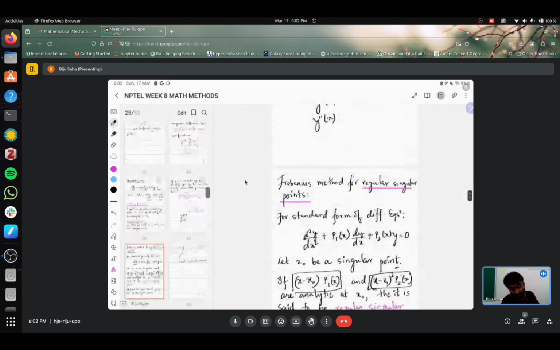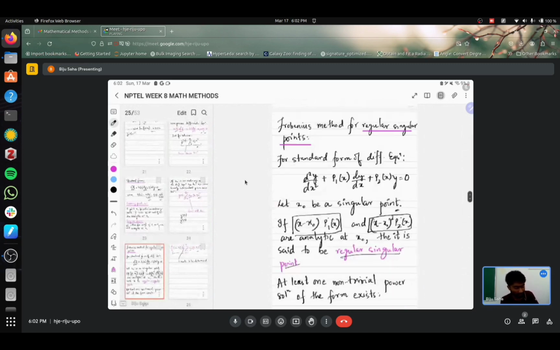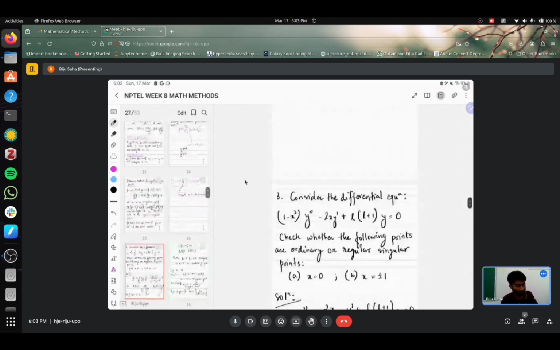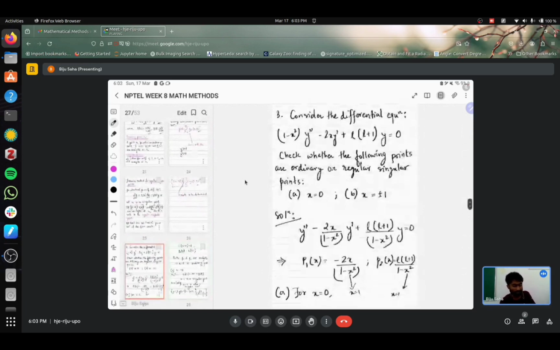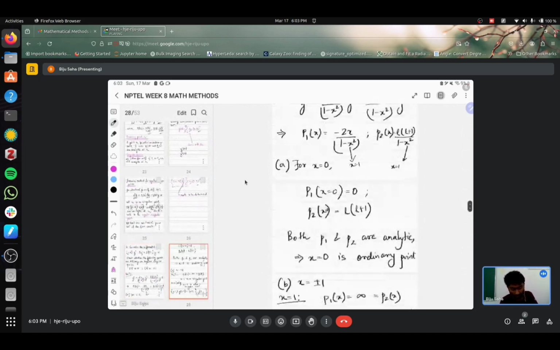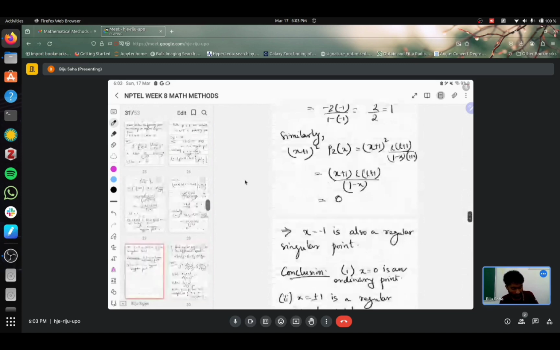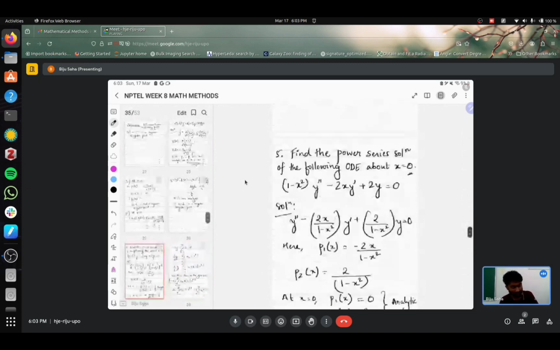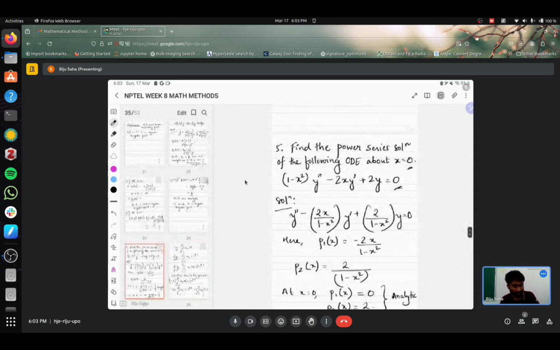Suppose the points are not ordinary but regular singular points. In that case, we use the Frobenius method. Next we did some problems to check whether given points are regular singular or ordinary. We did two such problems, and then we solved a differential equation by expressing it as a power series solution about x equal to 0.